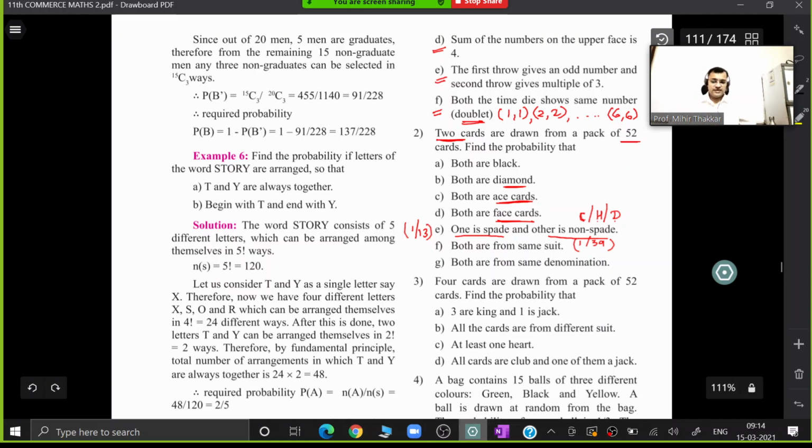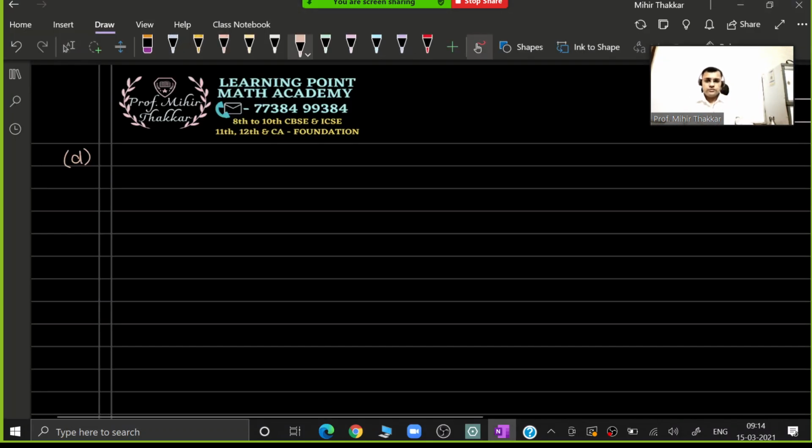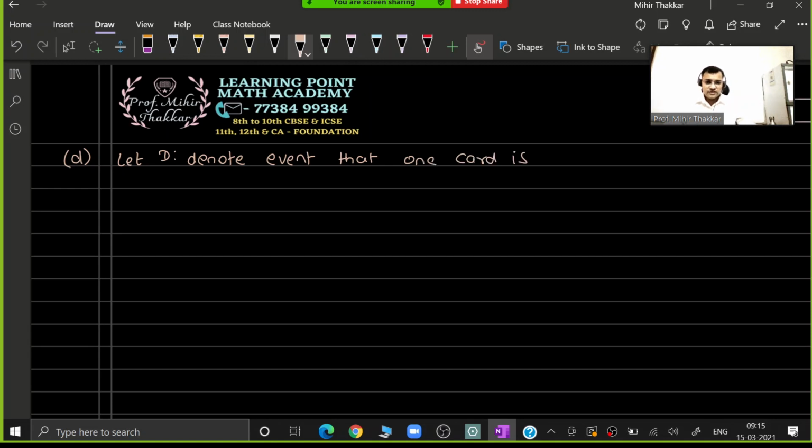Let us understand that. So I consider over here that let D denote event that one card is spade and another is the non-spade.